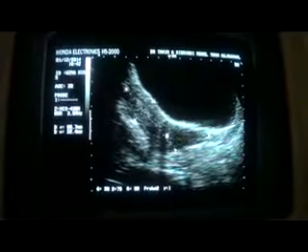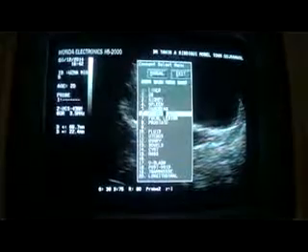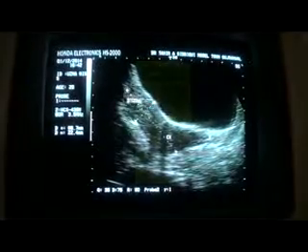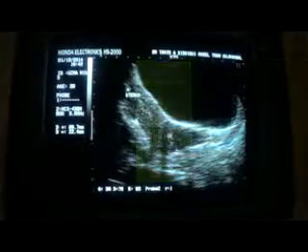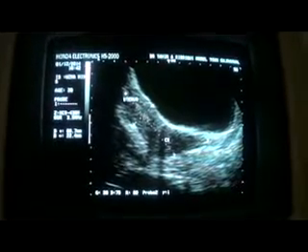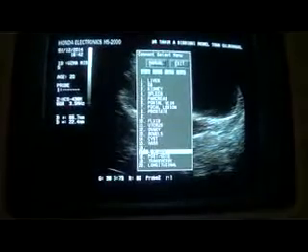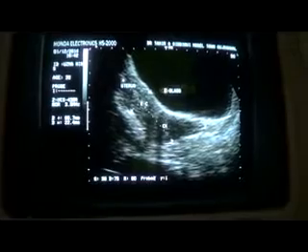This is the cervix of this uterus, and this is the uterus on the right side in longitudinal section. This is the endometrial canal in early proliferative phase. This is the urinary bladder.